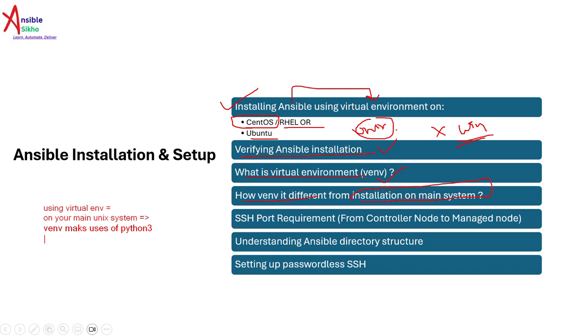We will see SSH port 22 is required from control node to managed node. Okay, so this is what we require. Understanding Ansible directory structure, we will see that, and setting up passwordless SSH.